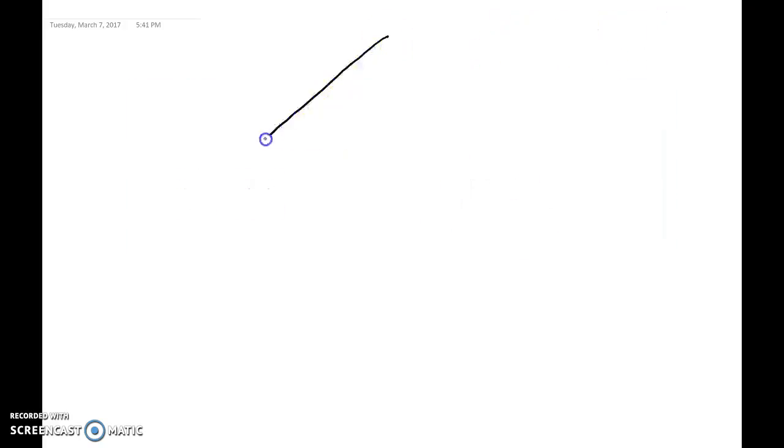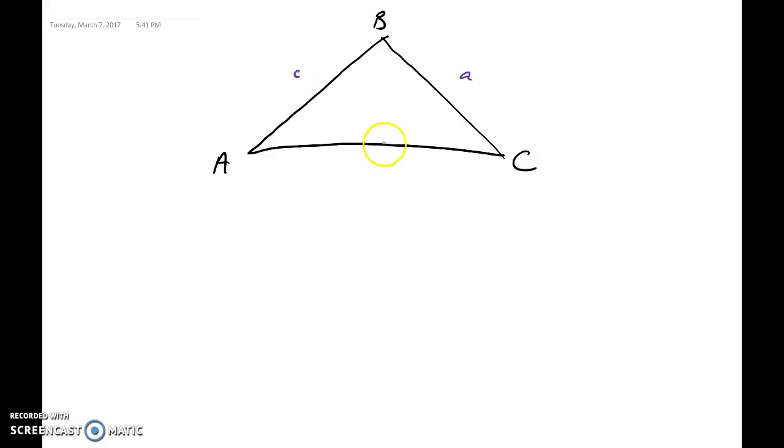If I have this triangle here, let's label it A, B, C. So this side here will be A, this side here will be C, and this side here will be B. Just like we solved for the other one, if we draw an altitude going from one of our angles to the opposite side, we can label this height H. This segment here we can label X, just one of our unknowns.